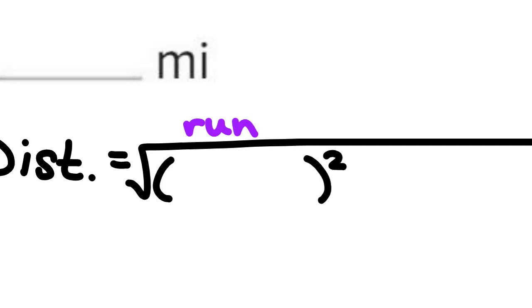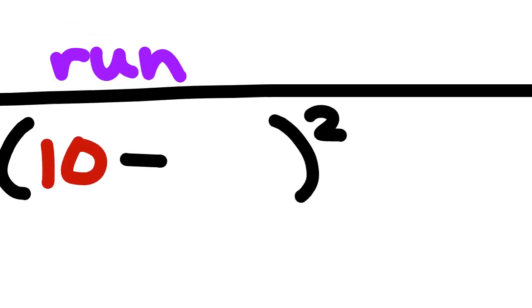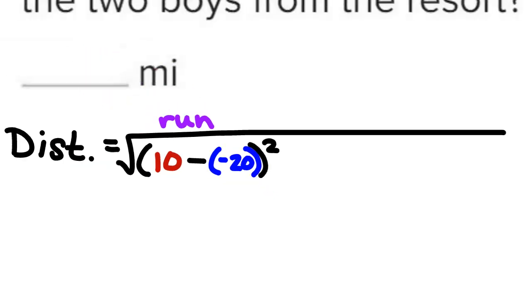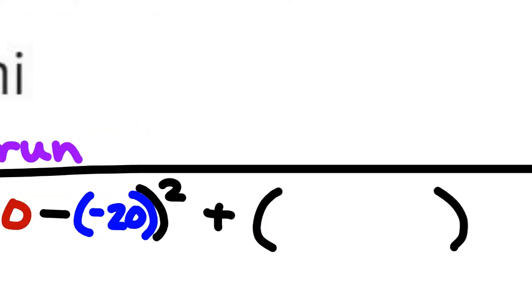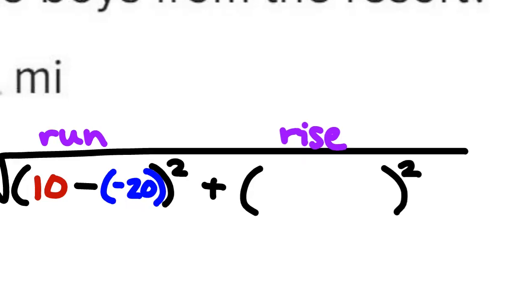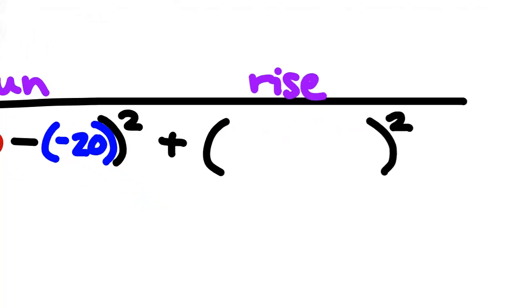What's my x2? 10. Minus x1. What's my x1? So inside parentheses, negative 20. Plus, and then my next set of parentheses, this is where my rise is going to go. We're going to take that and square it. So I need y2. What is y2? Negative 15 minus my y1, 50.